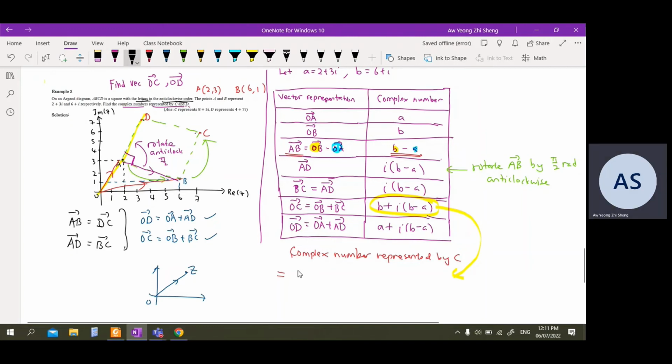Right, so we just write b plus i times (b minus a). Of course, we have to sub in the values of b and a that we have. b is 6 plus i, minus a is 2 plus 3i. Okay, then let's simplify this.